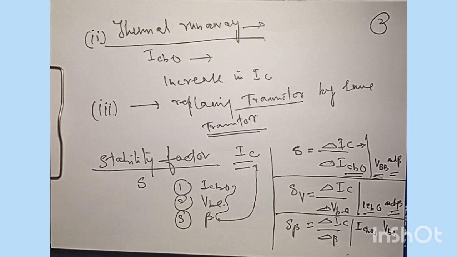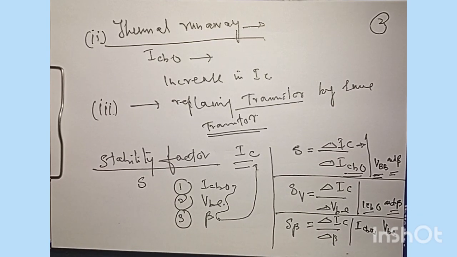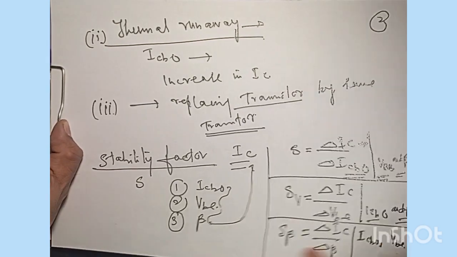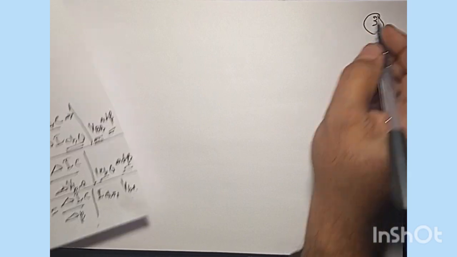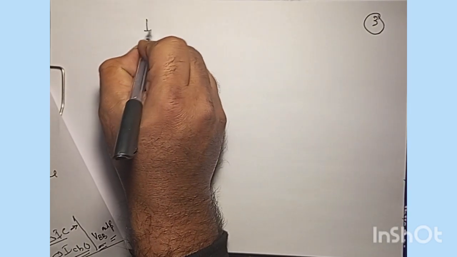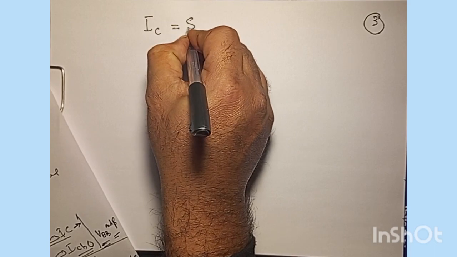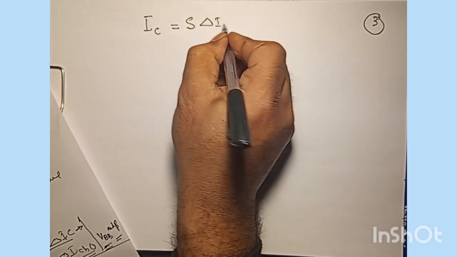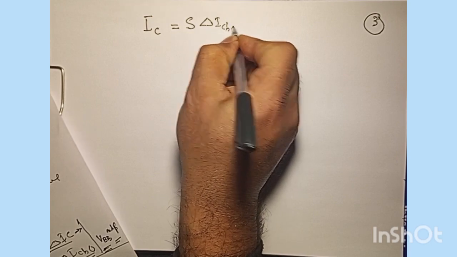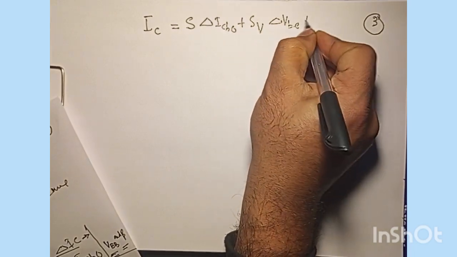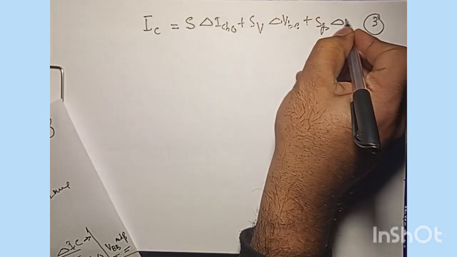So if I have to calculate the total change in the collector current, if I define IC as the total change in the collector current, this will be S, which I measured first, S times delta ICBO plus SV delta VBE plus S beta delta beta.